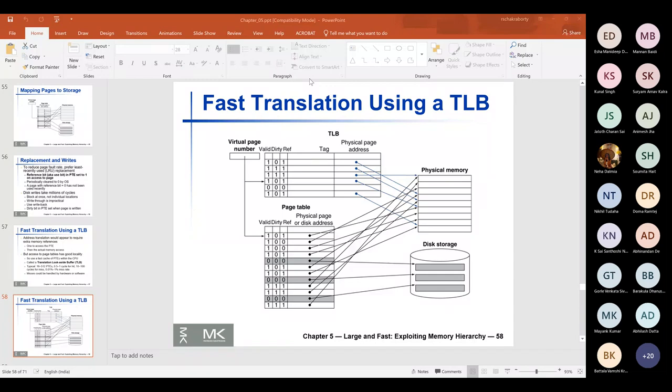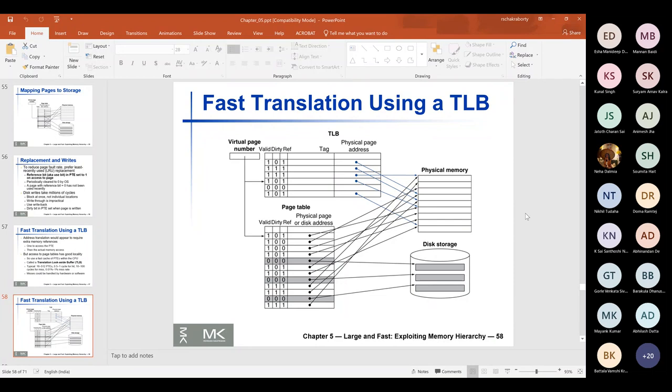Now, taking cue from this fact, can you answer why there is a tag field? Sir, to distinguish the processes. Correct. So you need something to distinguish the processes.